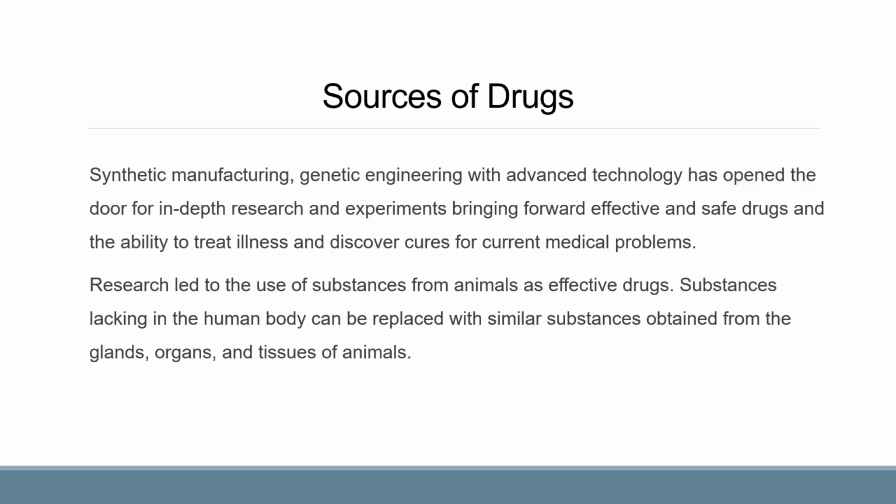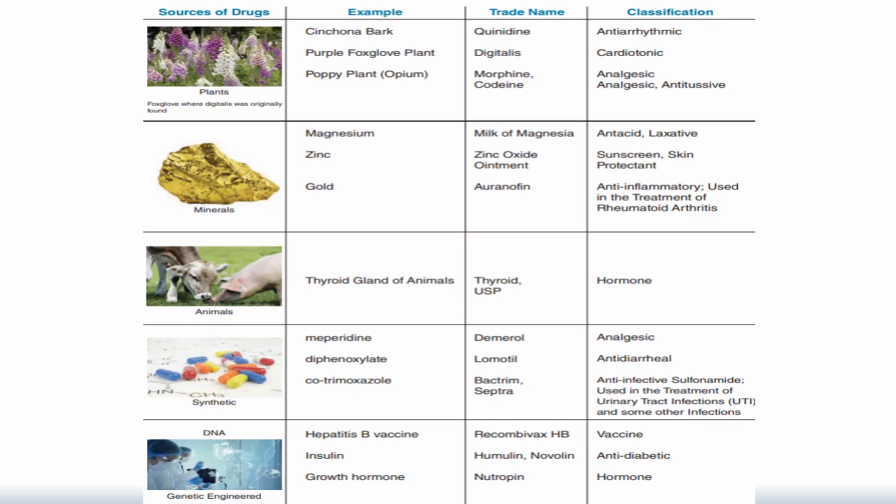Research led to the use of substances from animals as effective drugs. Substances lacking in the human body can be replaced with similar substances obtained from the glands, organs, and tissues of animals. So we know that drugs are sourced from animals, plants, things found in nature, minerals.